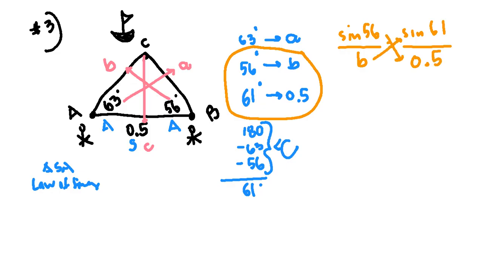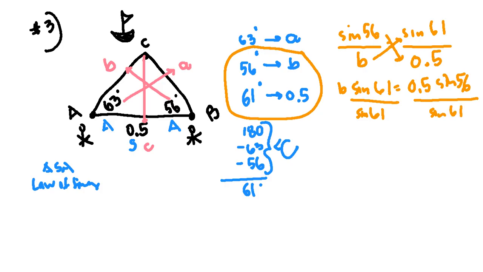B times the sine of 61 equals 0.5 times the sine of 56. We're solving for b, so we're going to divide both sides by the sine of 61, and we will get our measurement for b.